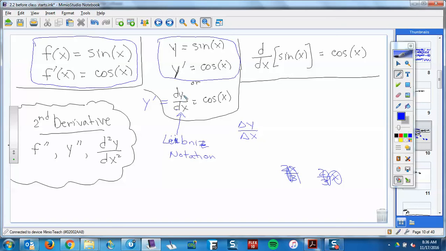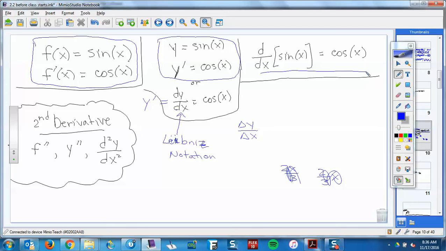We can take the y out of the top, which in this case is sine, and just stick it out in front. So what's nice about this is we can say both of those in one line. Instead of saying y equals sine, y prime equals cosine, we can say the derivative of sine with respect to x is cosine. So that's what that line is saying.